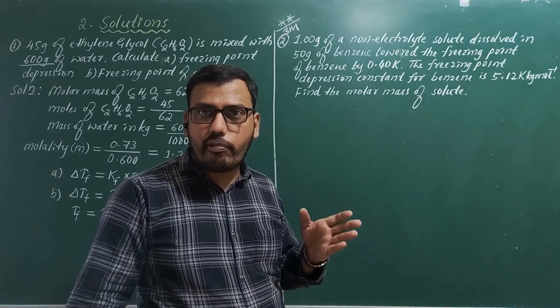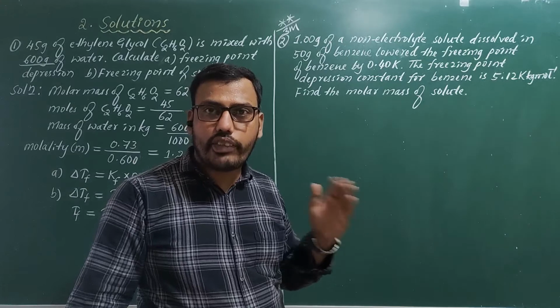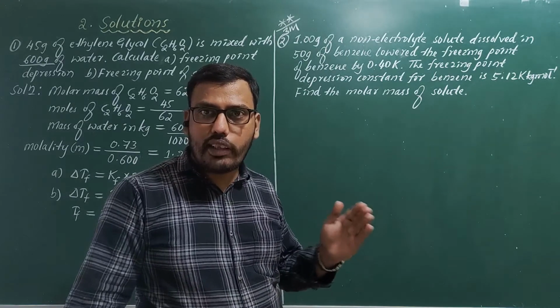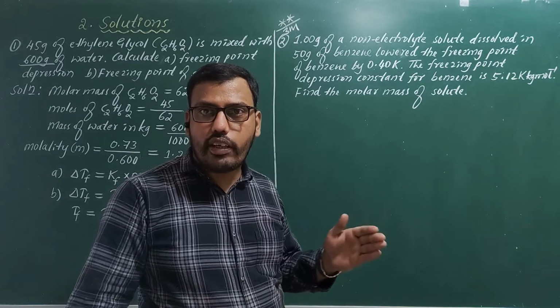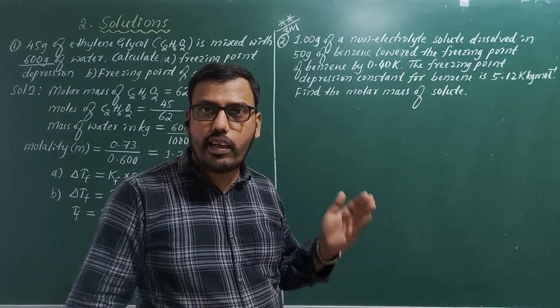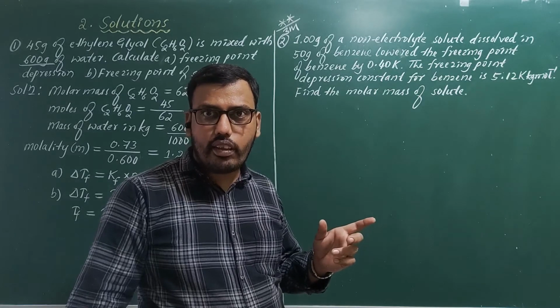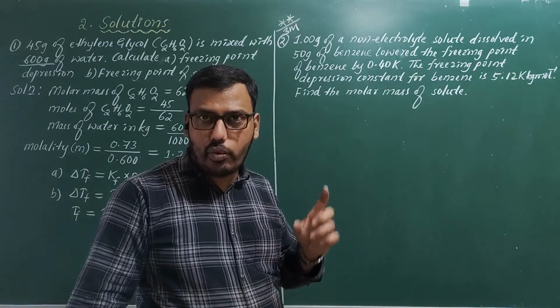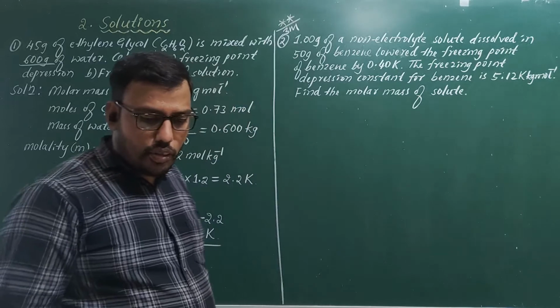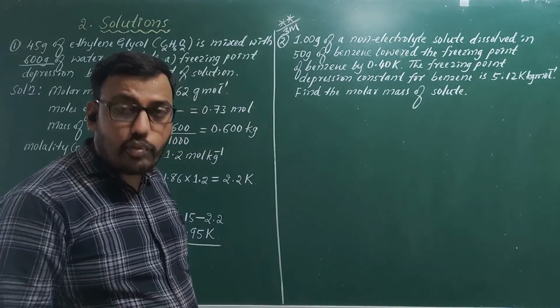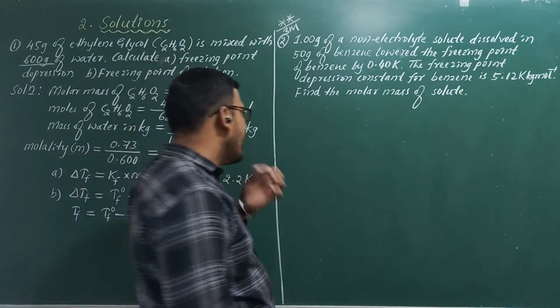So remaining thing, W1 mass of solvent, W2 mass of solute, M1 mass of solvent, M2 mass of solute. So these all things remain same throughout this solution chapter. So you should be very careful while taking the values of W1, W2, etc.